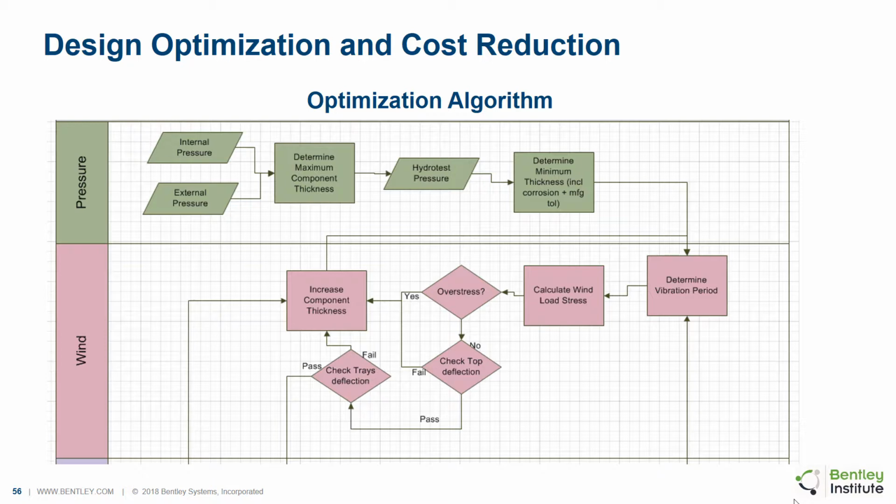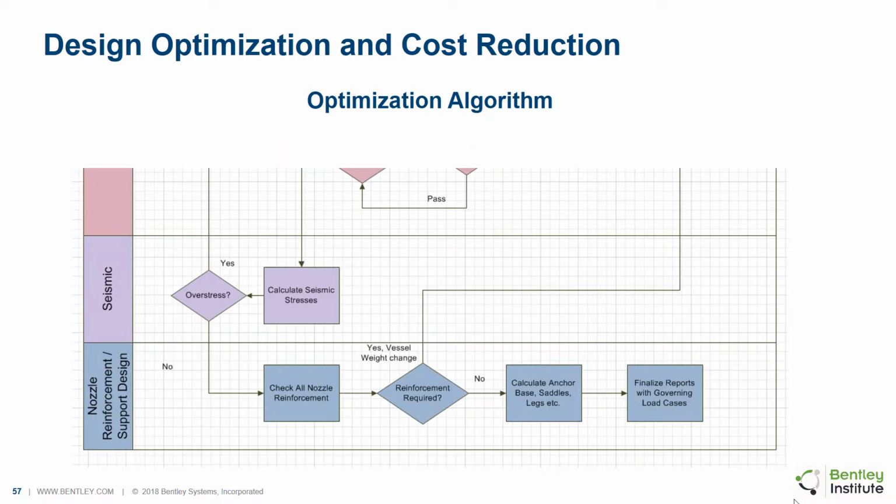If the equipment is a vertical column and there is a specified maximum column deflection to be maintained, the software checks for that, and if that condition is satisfied, it proceeds to seismic load case calculations. If the seismic calculation fails, the thicknesses are revised, else it proceeds towards the nozzle reinforcement check and performs necessary optimization action for nozzle design. Finally, the calculations for base, anchor, saddle, etc. are performed and the report generated with the load case calculations.